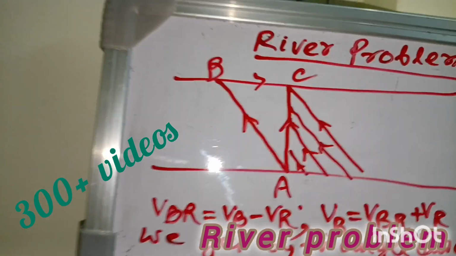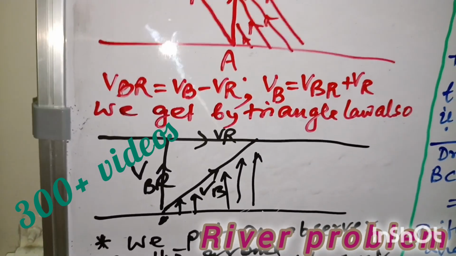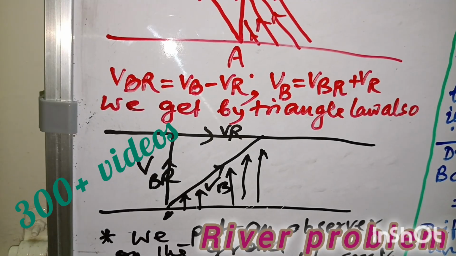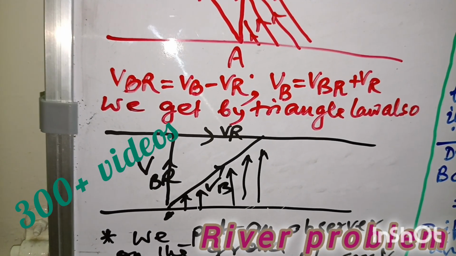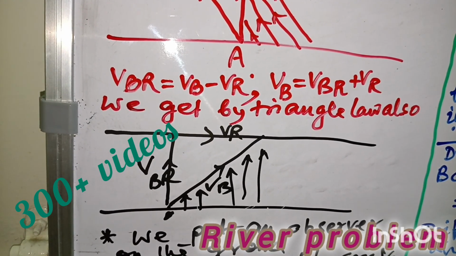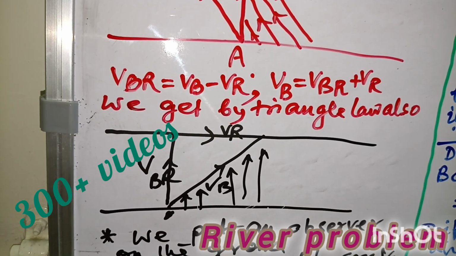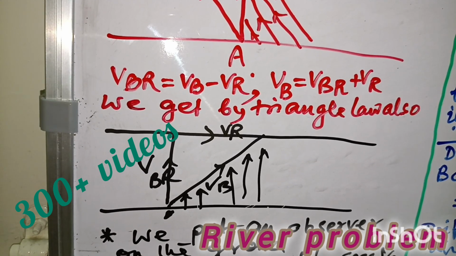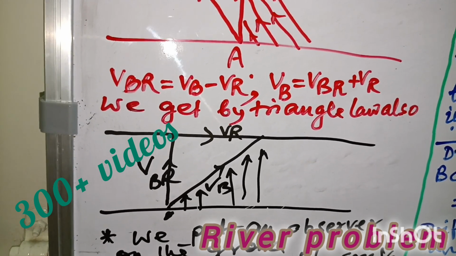In a similar way, if suppose he starts perpendicular to the river velocity and wants to reach the point just opposite to that starting point, he is pushed by the river so that he goes in a slanting way.